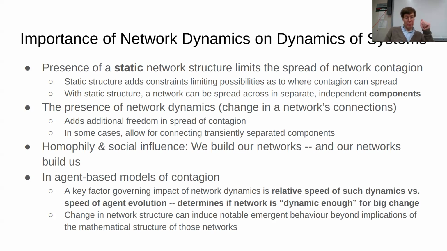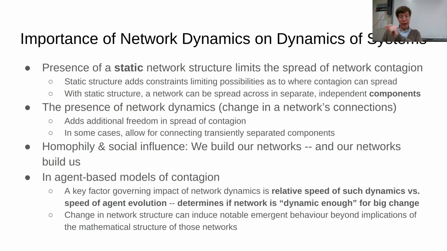Even if we have person A, person B, and person C, person A can spread infection to person C, even though at any one time, mark my words, at any one time, there may be never a connection from A to B and B to C.